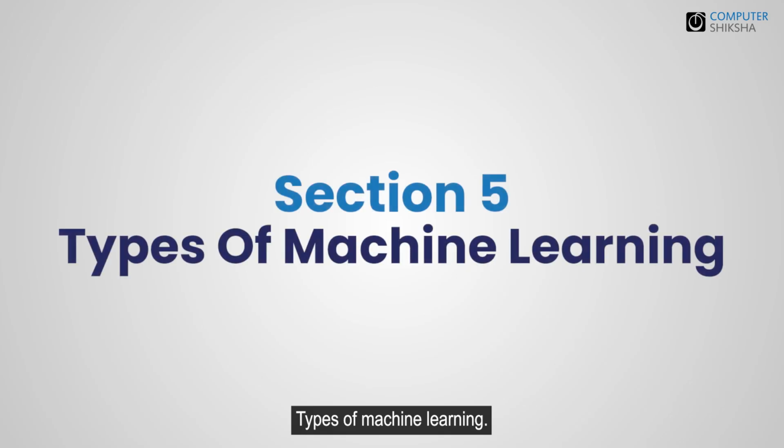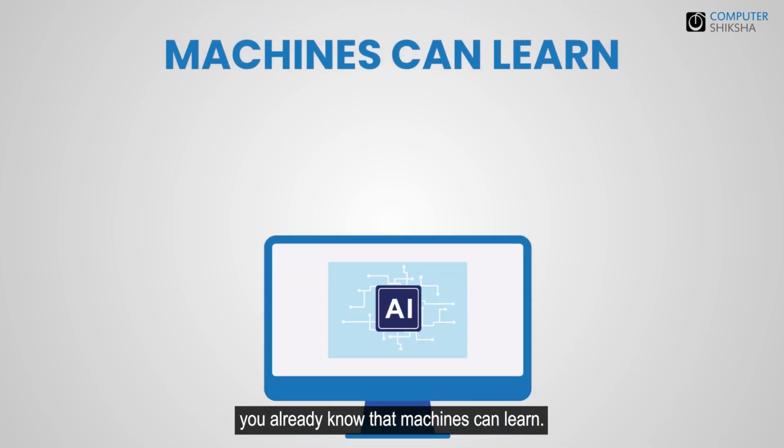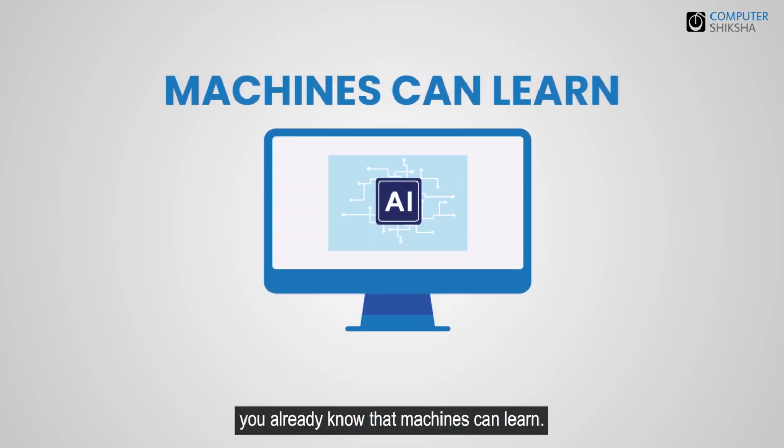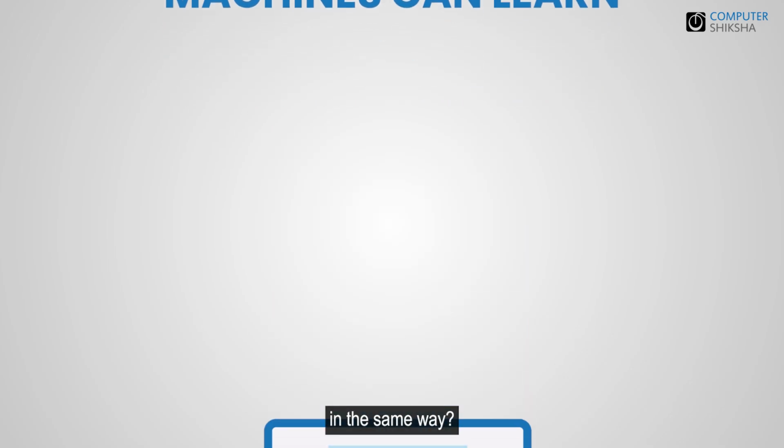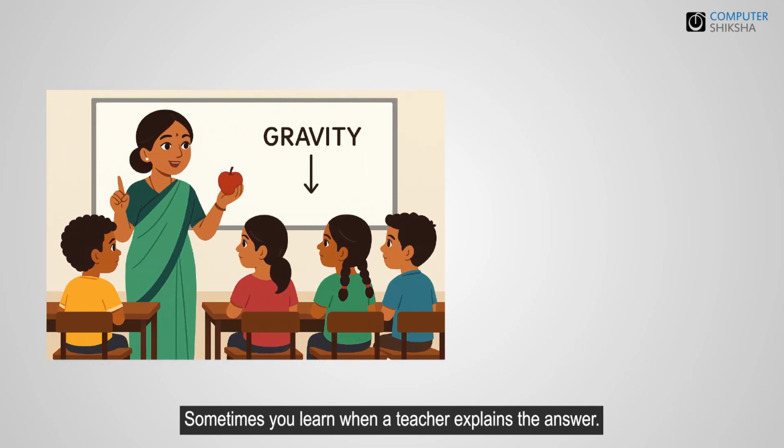Types of machine learning. Students, you already know that machines can learn. But did you know they don't all learn in the same way? Just like you. Sometimes you learn when a teacher explains the answer.